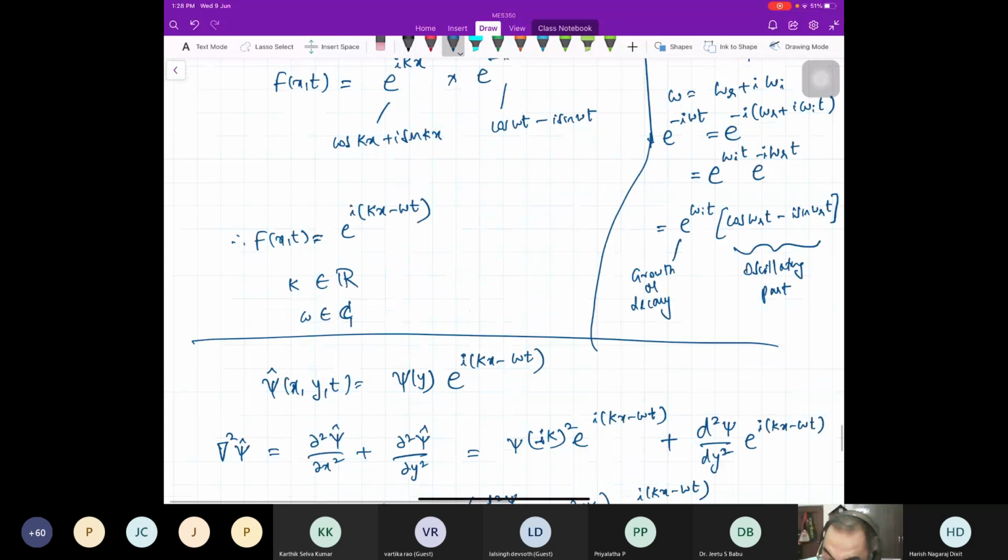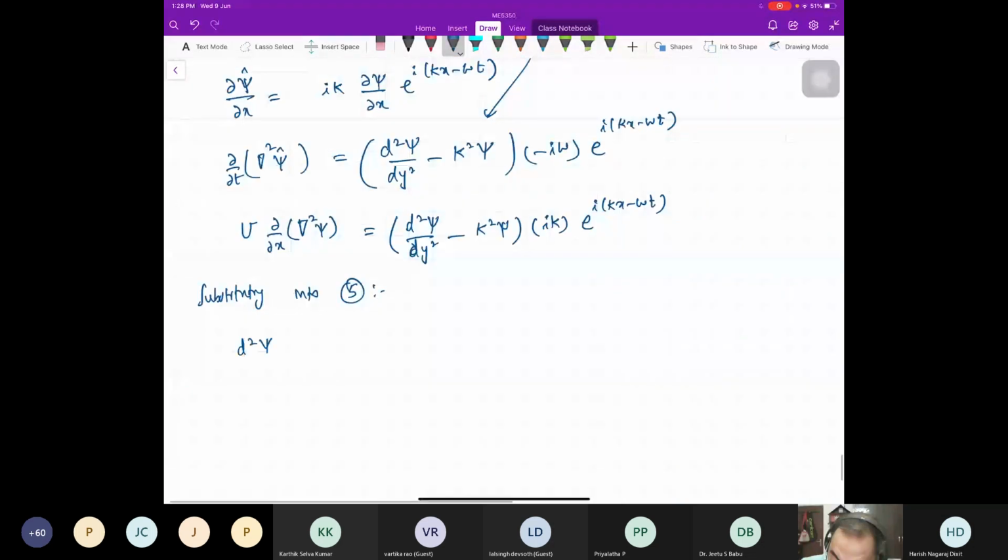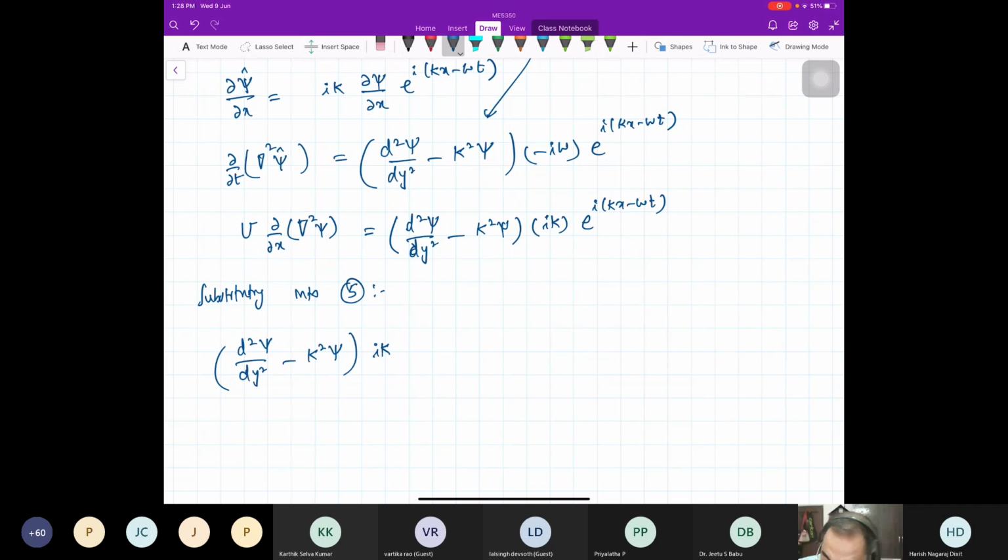Substituting into 5, what I have is d squared psi by dy squared minus k squared psi, times minus i omega exponential of i(kx minus omega t).